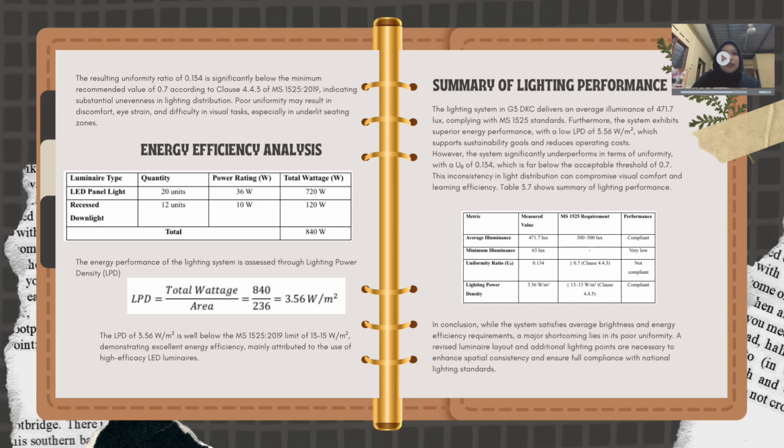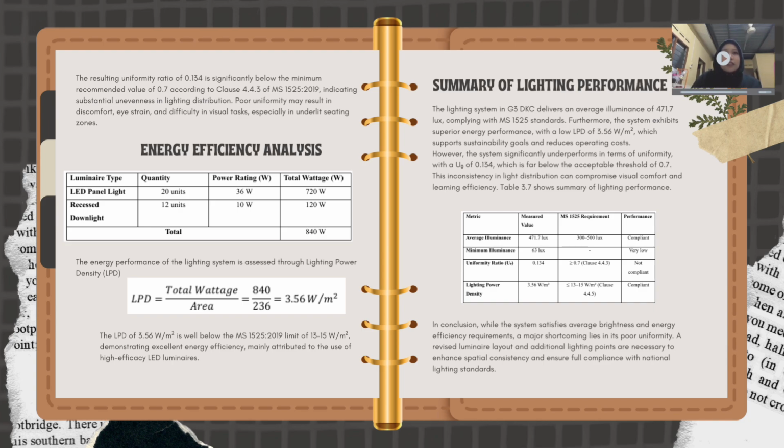So, a summary of the lighting performance: the lighting system in G3 delivers an average illuminance of 471.7 lux, complying with the MS 1525 standards. Furthermore, the system exhibits superior energy performance with a low LPD of 3.56 watts per meter square, which supports sustainability goals and reduced operating costs.